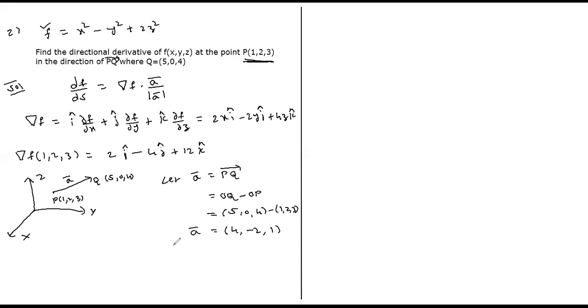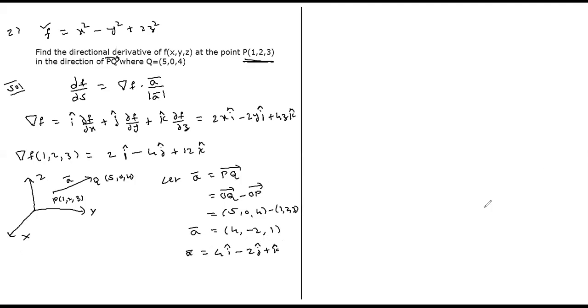Do you agree? So direction is nothing but OQ minus OP. This implies that a bar is equal to 4i bar minus 2j bar plus k bar.